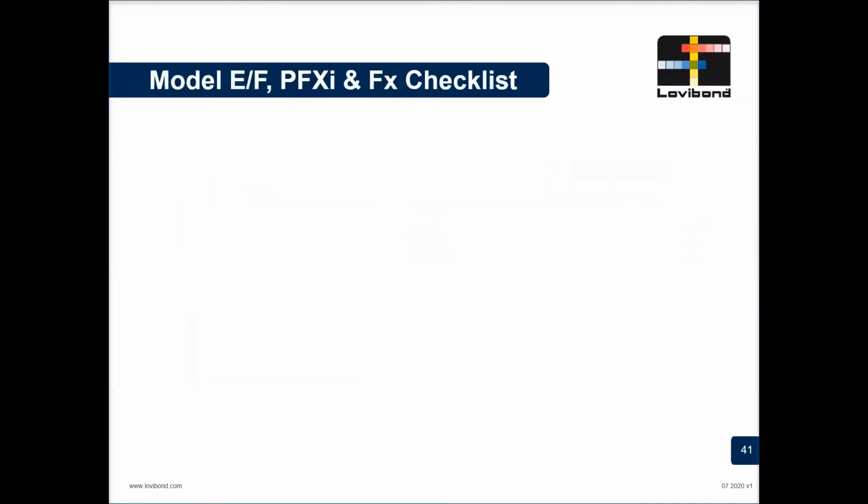So to have a little bit of a checklist here to make sure that we have confidence in our measurement. If we're using our visual instrument, our Model E, our Model F, is it unmodified? Are we using the recommended bulbs? Is the internal okay?